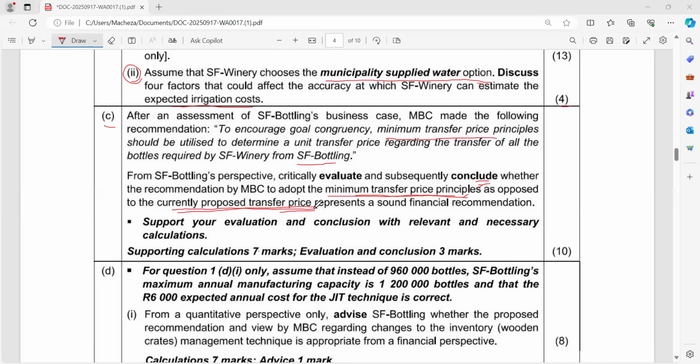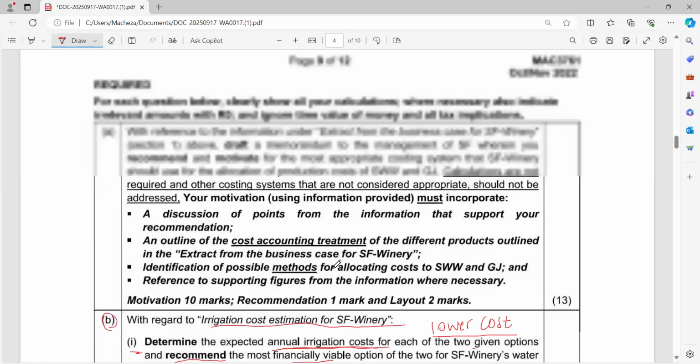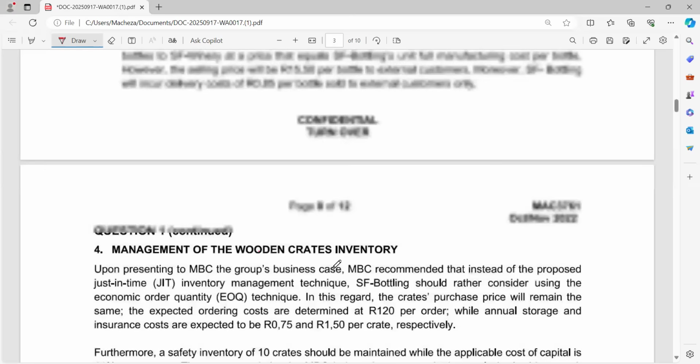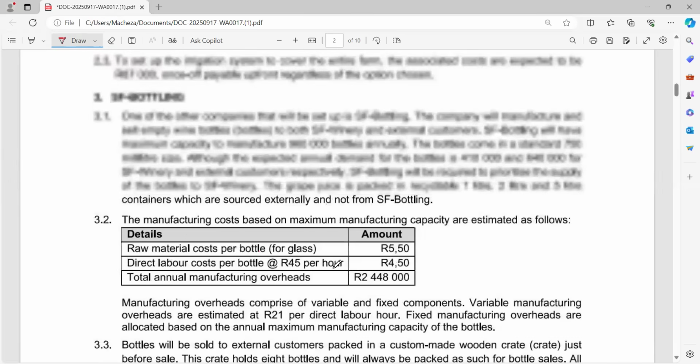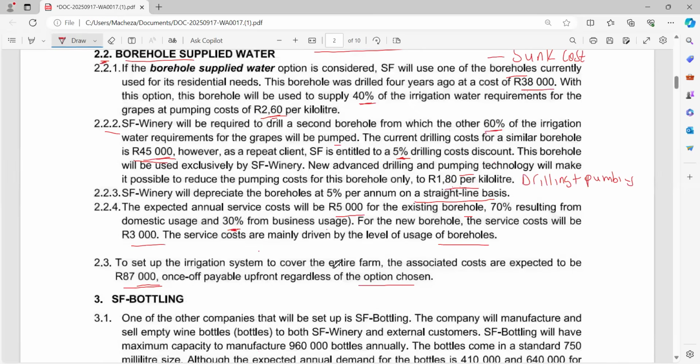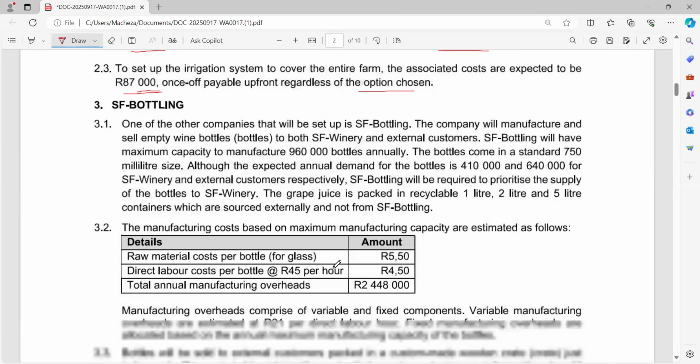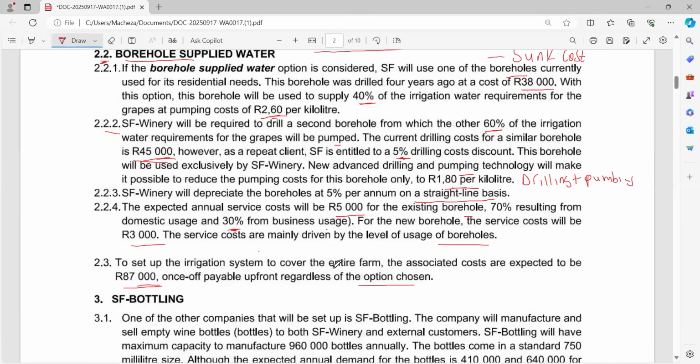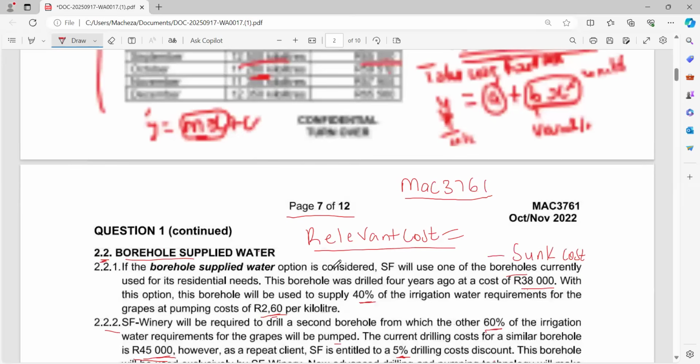Let's check. Right, so let's go to the scenario and see what they are saying. We are done with 2, we are on 3. You see the way the questions are structured, there is nothing like the information is too much.